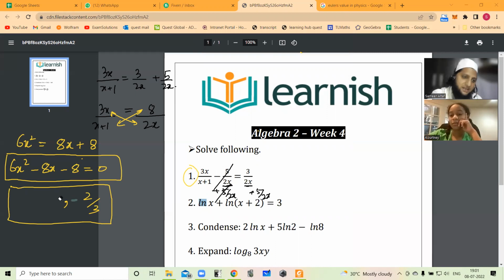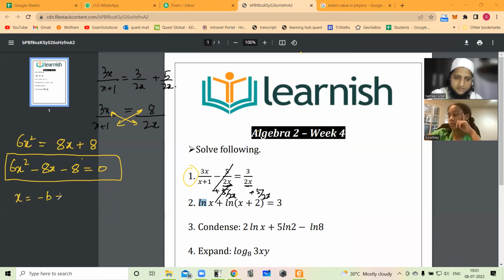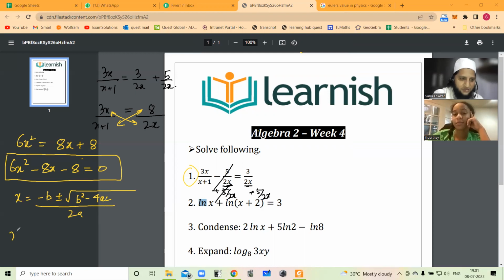Yeah, definitely. I can do it by using the quadratic formula also. I know that x equals -b plus or minus the square root of b squared minus 4ac, divided by 2a. Right. So x is equal to, how much is b? B is -8. So negative times negative will be positive 8, right?